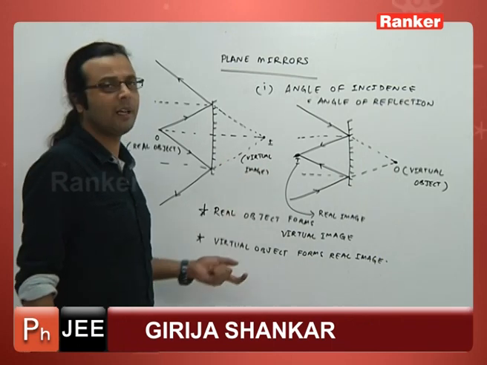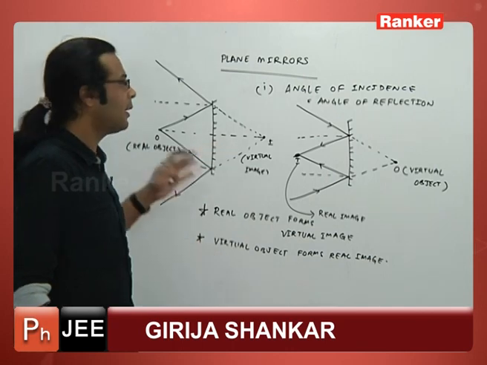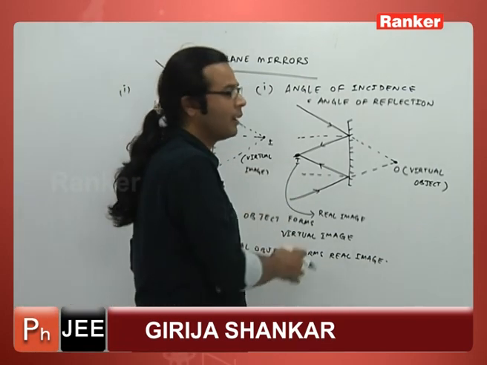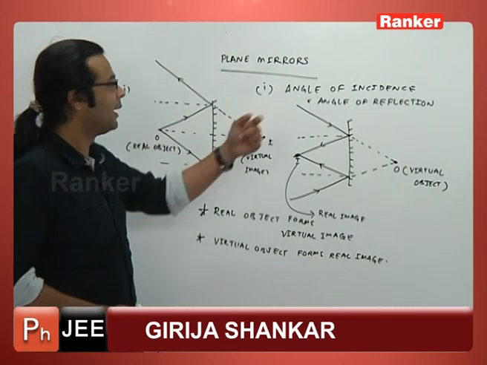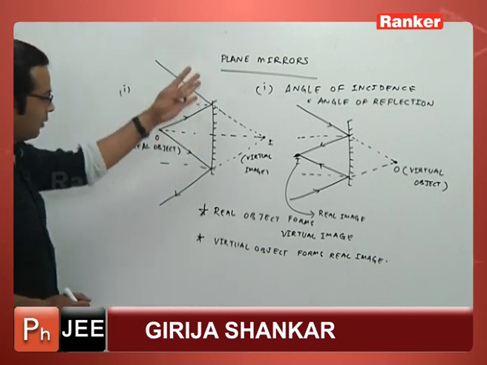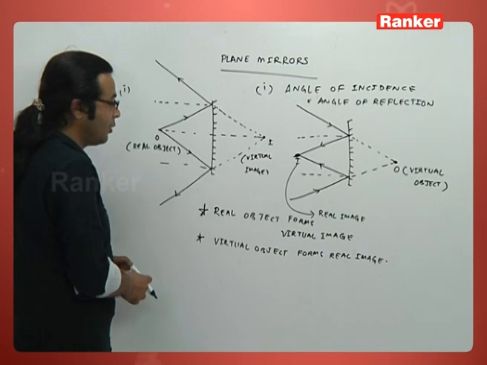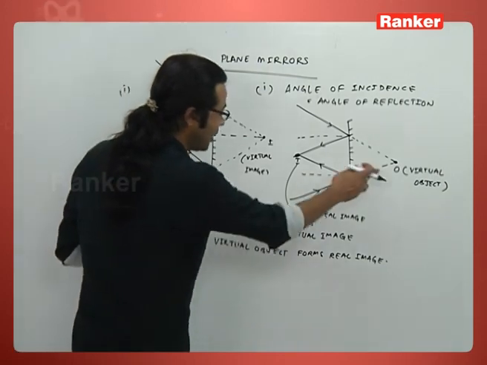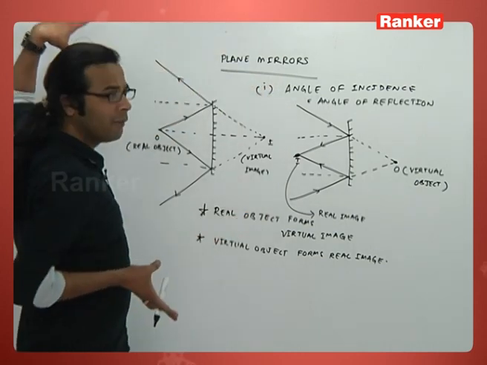This is the one phenomenon we should always think about when we go to plane mirrors. In other optical instruments we will have this kind of phenomenon too, but that's for a later case. We stick our discussion to plane mirrors. First we say angle of incidence is equal to angle of reflection, and I showed you these two things, where a real object forms a virtual image, and a virtual object means the rays are coming from very far away.